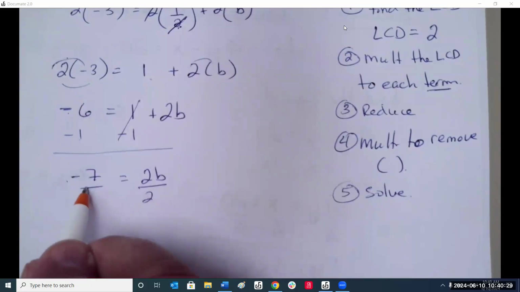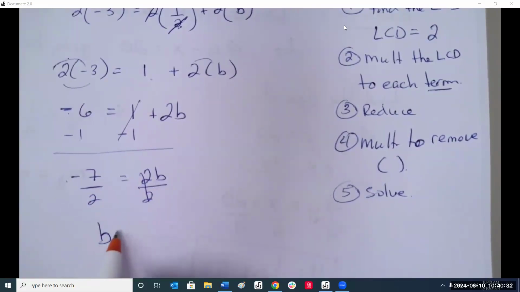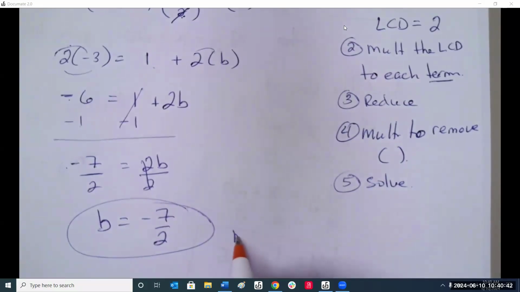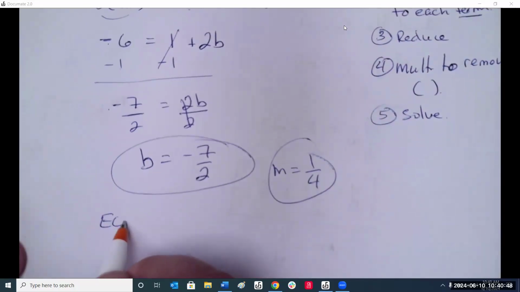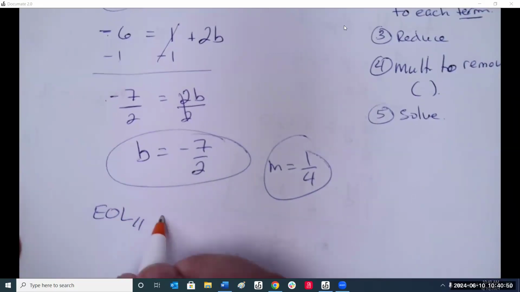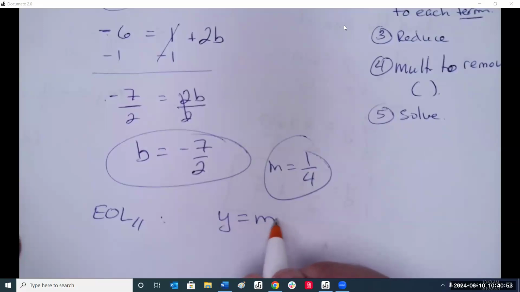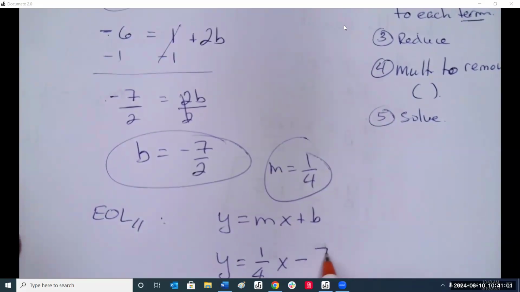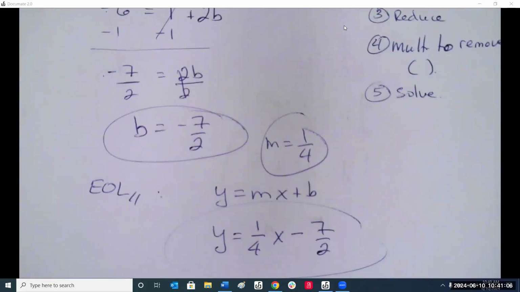And divide by 2. So my b value is -7/2. And my slope was 1/4. So my equation of the line parallel is y equals mx plus b: y equals 1/4 x minus 7/2. That's my answer.